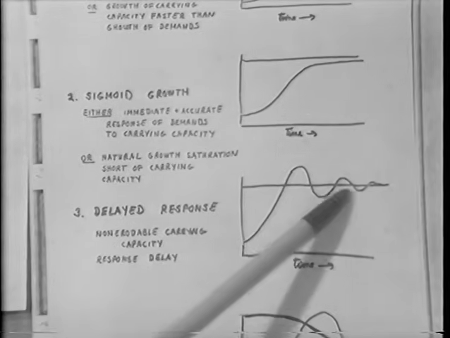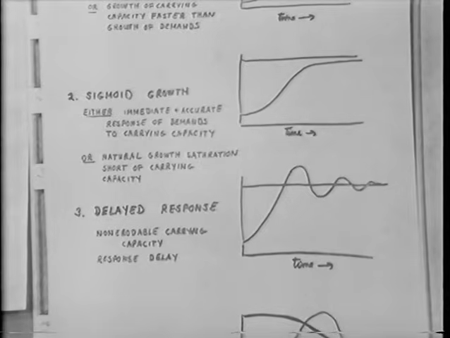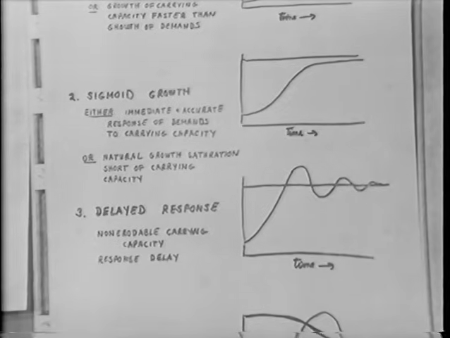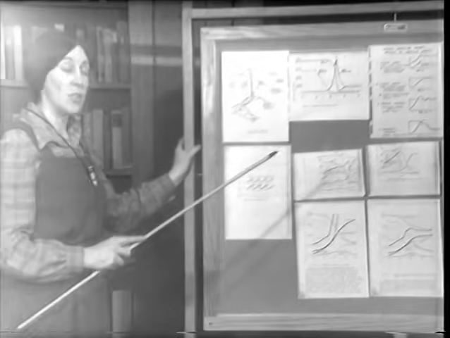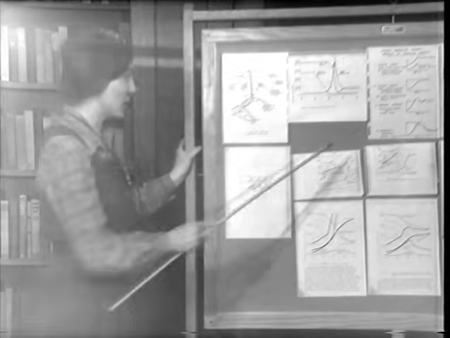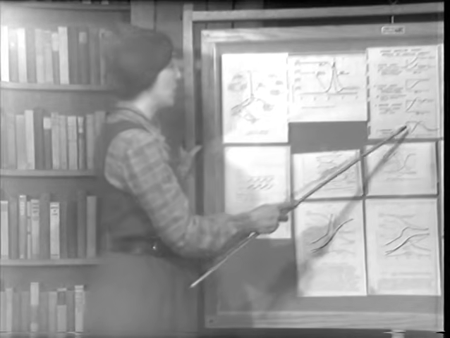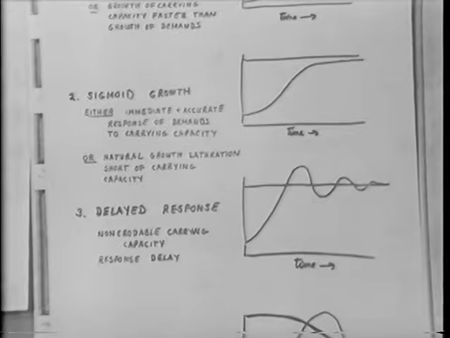The oscillations might be damped in order to finally produce an equilibrium situation. But if there is an irreversible damage or erosion of some sort to the carrying capacity, then you get an overshoot and collapse behavior mode.